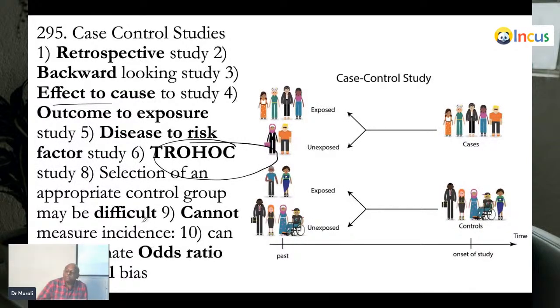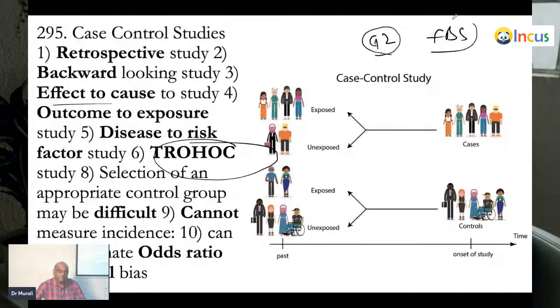But what is the problem in case control? You have to get a perfect case, the one who has full disease, and a control who doesn't have disease at all. Can you call a 42-year-old man whose fasting blood sugar is 115 a perfect clean control?